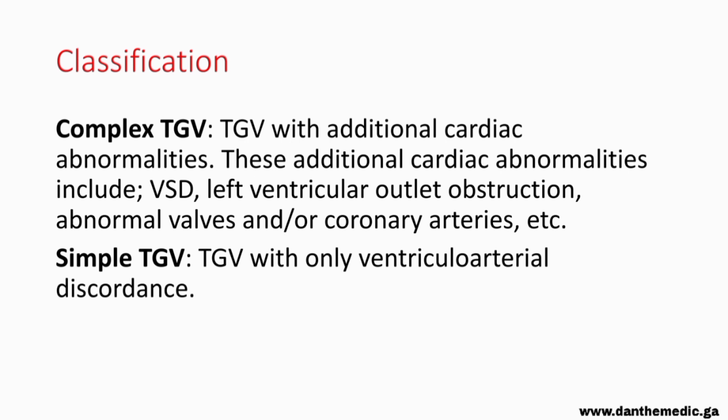Some of these include ventricular septal defect, which is the most common associated abnormality with TGV. Then we also have left ventricular outlet obstruction, and there can also be abnormal valves or coronary arteries. On the other hand, the simple transposition of the great vessels is the TGV that presents with only ventriculoarterial discordance.